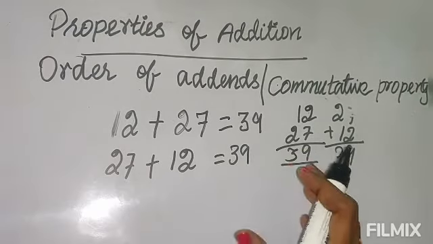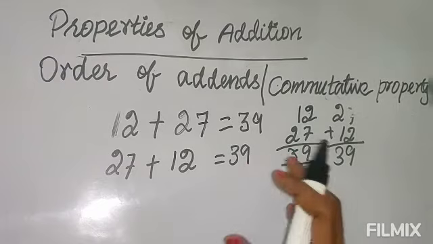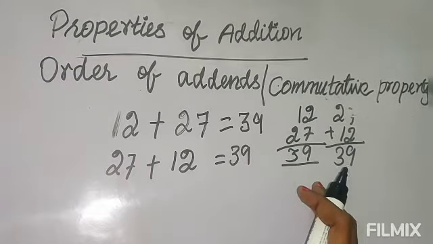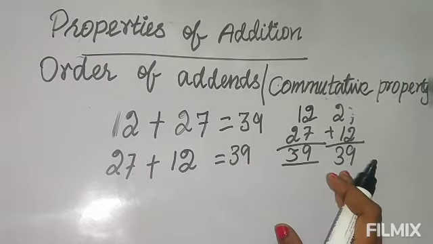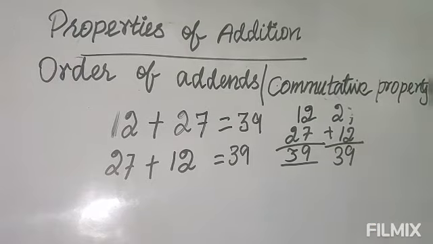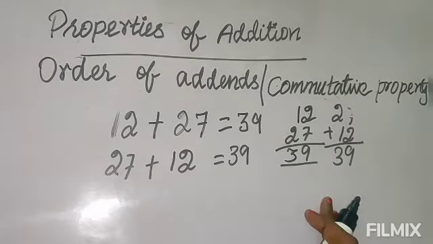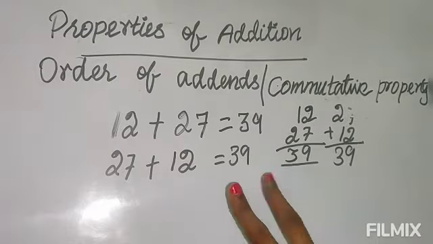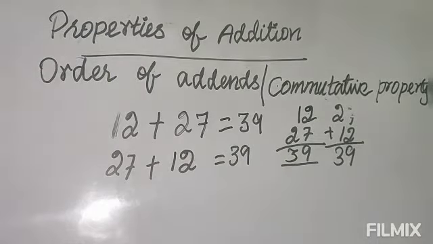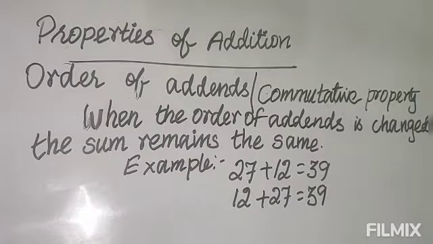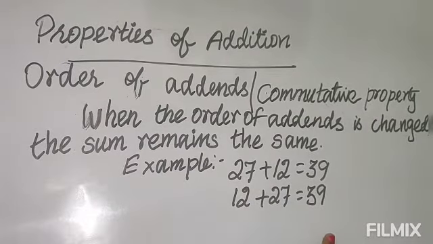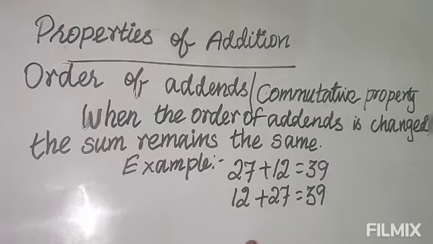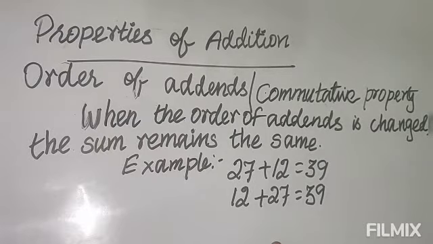You need one more person to give the information to. That way you remember commutative property means two numbers are needed. When the order of the addends is changed, the sum remains the same. That is called the commutative property, otherwise the order of addends.